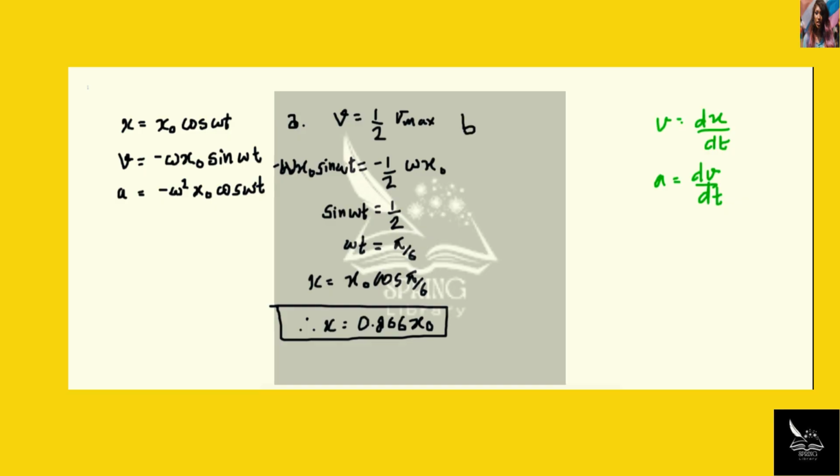Let's move on to part B. In part B, the acceleration should be half of a max. So acceleration is minus omega square x naught cos omega t, which should be half of omega square x naught, because that is the maximum acceleration.